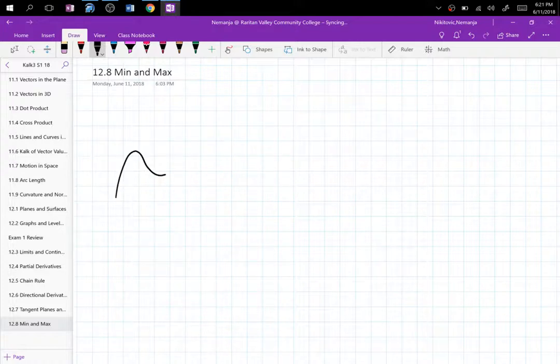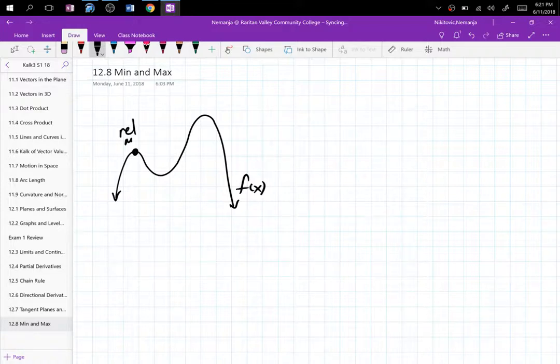So what I'm going to do is draw a function, let's say f of x looks like this, and now observe this point over here is called the relative max. This one over here is the absolute max. And this one over here is the relative or local minimum.